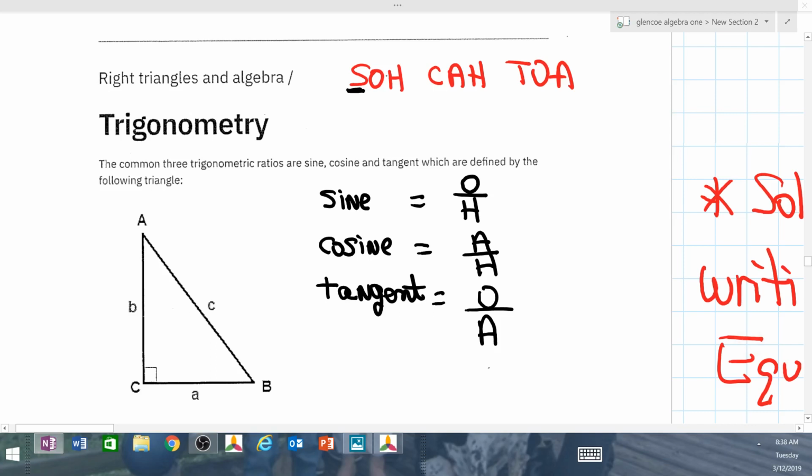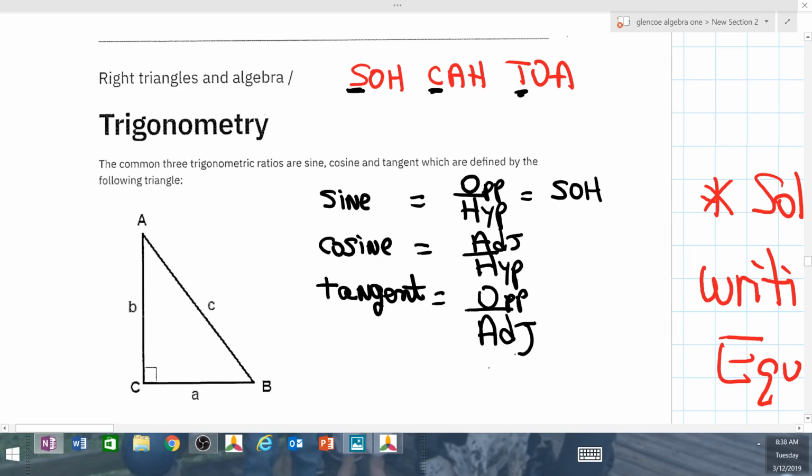The O represents the opposite side, and H represents the hypotenuse of the triangle. That's where we get SO from, sine opposite over hypotenuse. The cosine, that's where we get the C from, is the adjacent side over the hypotenuse. And T for tangent is the opposite side over the adjacent side.